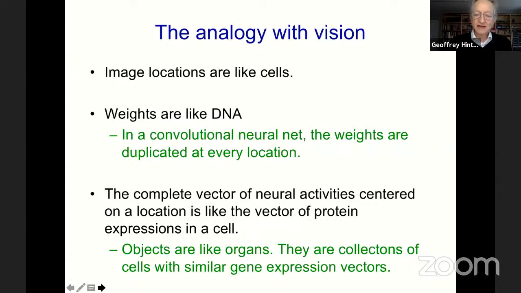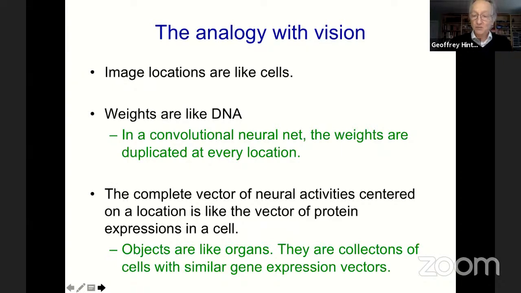And the complete vector of neural activities for a given location is like the vector of protein expressions in a cell. So a bunch of cells that have a similar vector of protein expressions form an organ, right? That's what makes an organ an organ. All the cells are expressing roughly the same proteins. This, as you will understand, is a simplification.